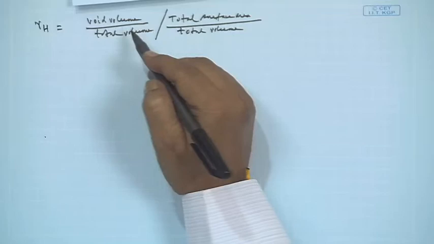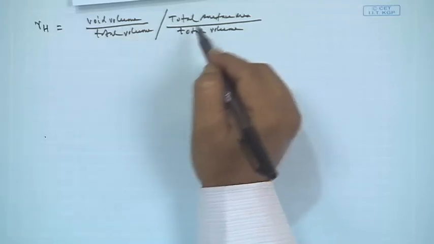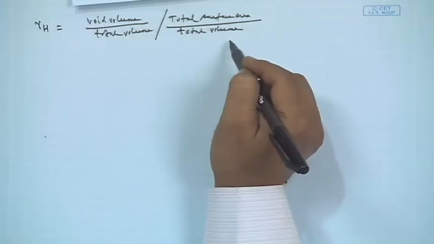So, void volume over total volume by total surface area by total volume.